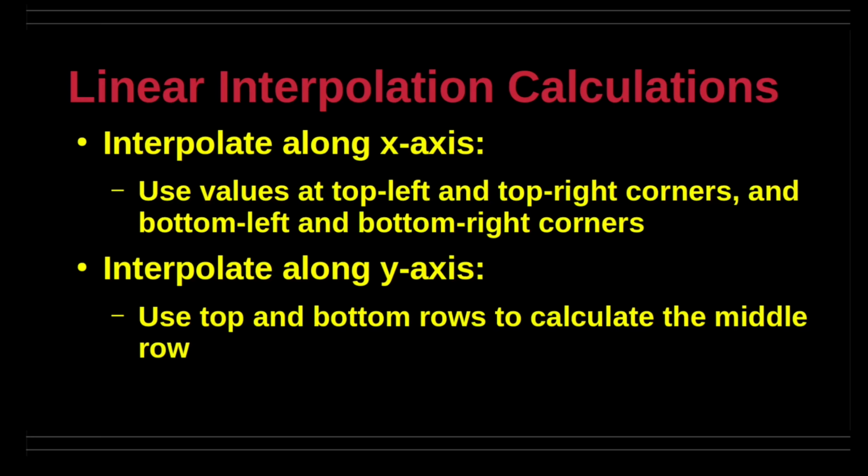Some of the implementation considerations are: efficiency. For large images, optimizing the interpolation process is crucial. There are techniques like pre-calculating weights or using lookup tables that can improve performance. Boundary conditions. Special handling is required for pixels near the image edges.